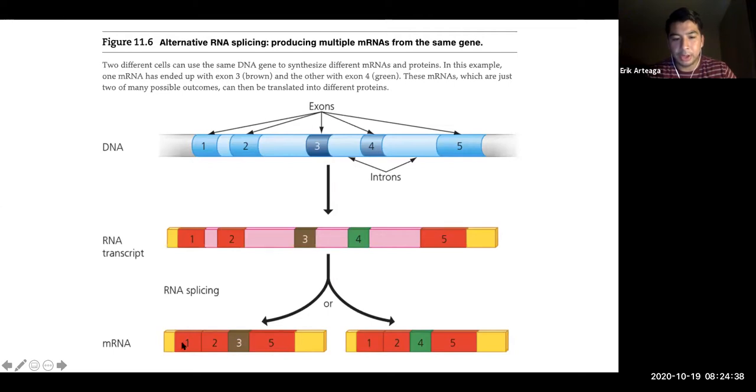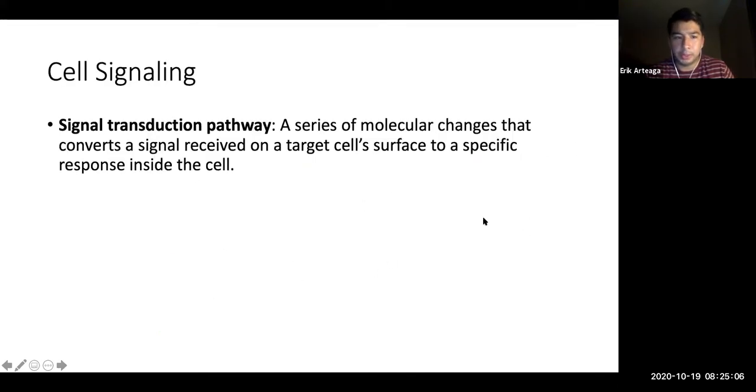But you can also have variation in proteins this way as well. So different types of proteins can be produced from one gene, and different variations of that protein can be produced as well. Very, very different outcomes can be produced from the same gene. All right, and exons allow for that. Exon splicing, or alternate splicing. Okay, it's important you understand that.